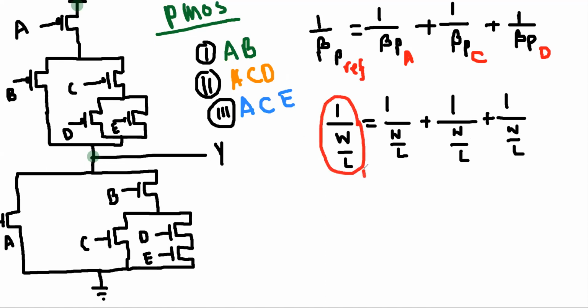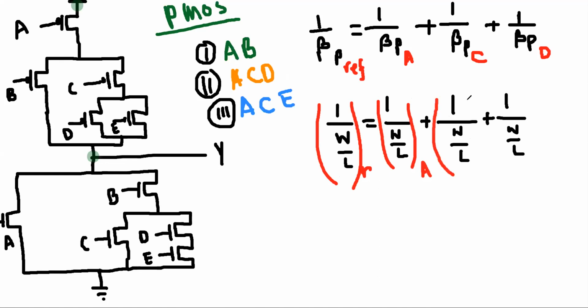You can call it reference, R. You can call it R with a bracket. Do not give a circle. You give a bracket. You can write this is our reference, R. That means reference. This one is for A. This one is for C. Which C? This C. This one is for D.